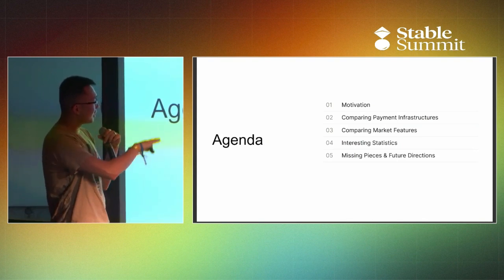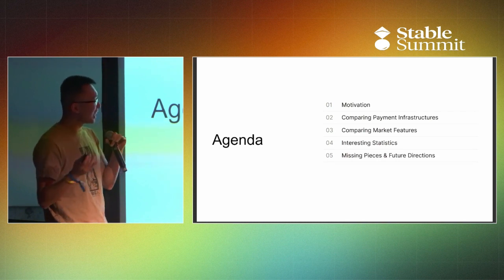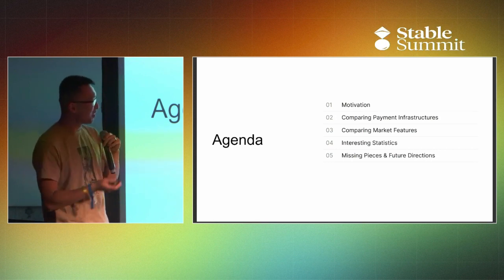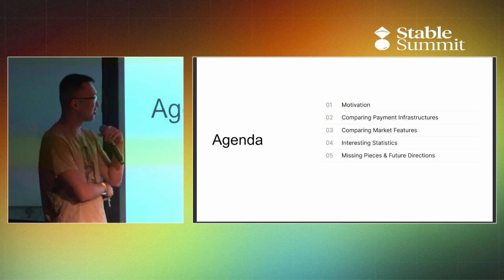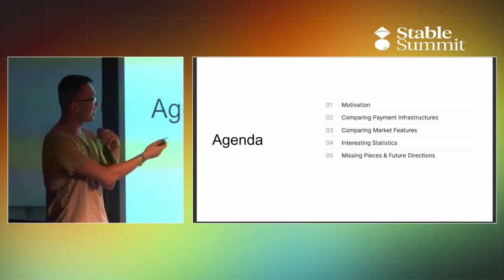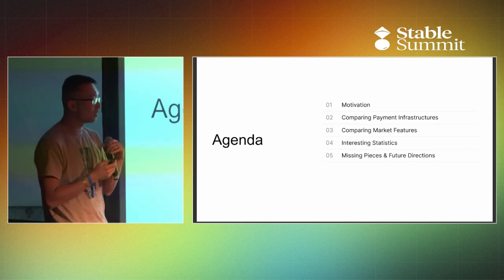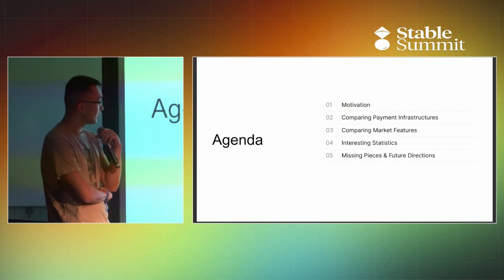Okay, this is the agenda of today. I just realized this might be the wrong talk, as pretty much everyone maybe knows about this already, but bear with me as I repeat what you know. The first part is to motivate the analysis and the case for having this on-chain FX and cross-border payment market.